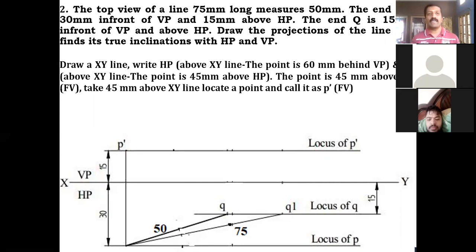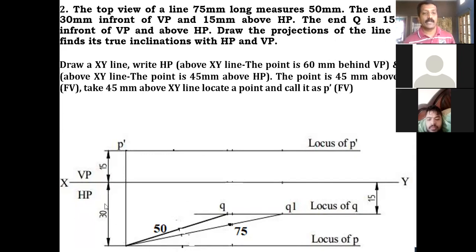Next, the end P is 30 millimeter in front of VP and 15 millimeter above HP. That means one end of the line is P. He has given it is 15 millimeter above HP. You take 15 millimeter above the XY line, draw a horizontal projector line, call that the locus of P dash, and locate one point on that and call it P dash. Similarly, it is 30 millimeter in front of VP. In front of VP means it should come below the XY line.